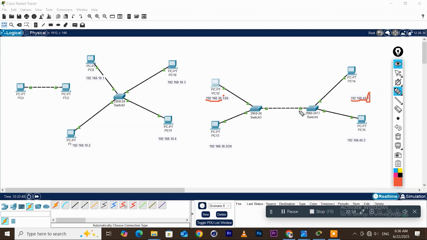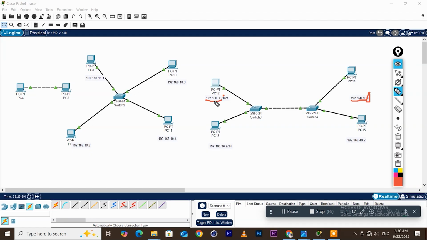And if you look at it very well, you'll see that this one carries .30, meanwhile this one carries .40, which means they are in different networks. Like I said, the first three octets carry the network ID.